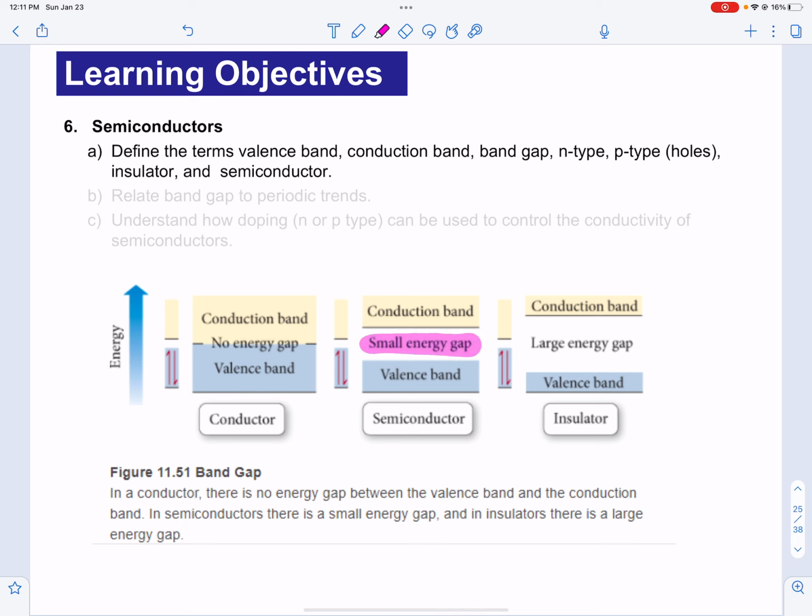A small energy gap, semiconductor. Large energy gap, insulator. What is the forbidden energy? 5 electrovolts. Anything around 5 electrovolts is going to be an insulator. And your conductors, like for example, iron. A solid piece of iron will conduct electricity. So never put a piece of iron inside an outlet because you're going to be in for a surprise.